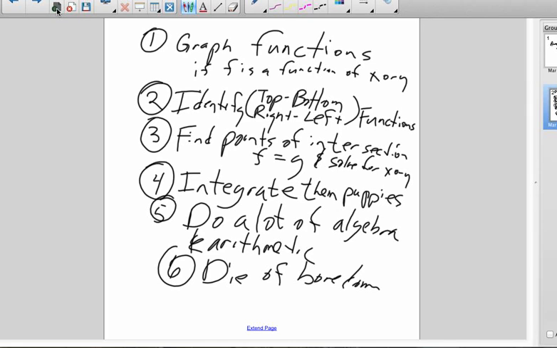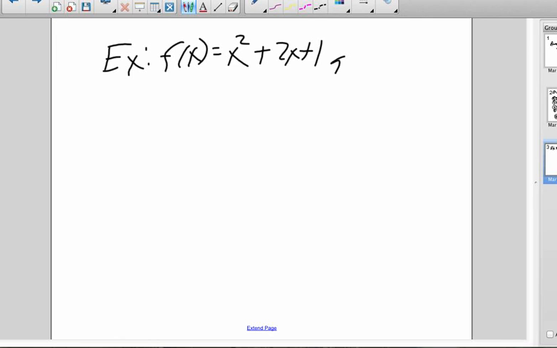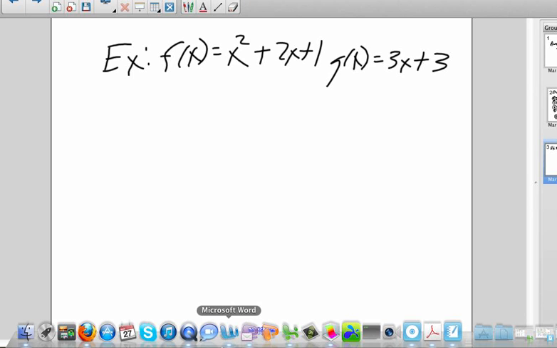Okay, so I'm going to work through an example of this. Our f of x was x squared plus 2x plus 1, and my g of x was 3x plus 3. So I want to graph these guys.